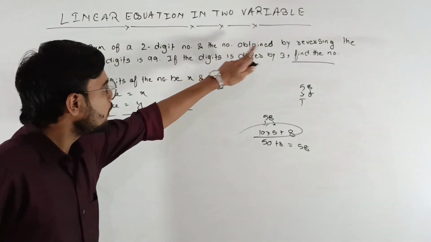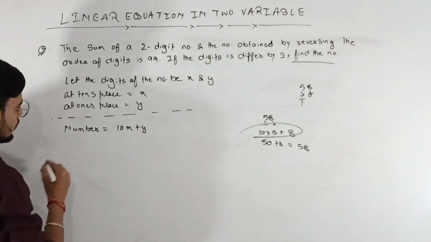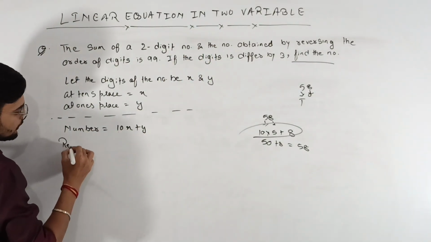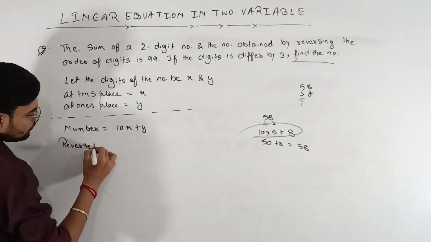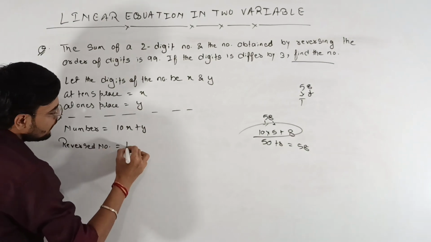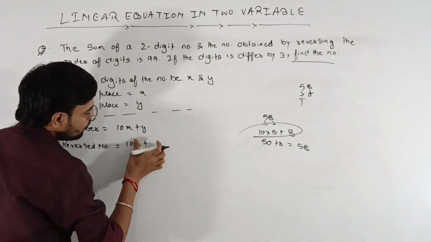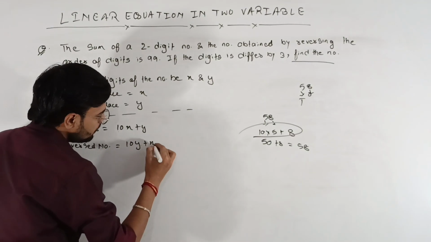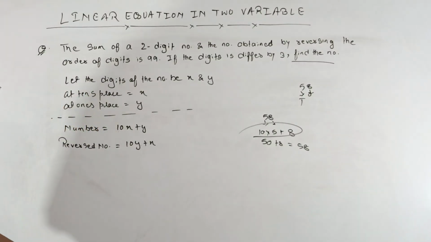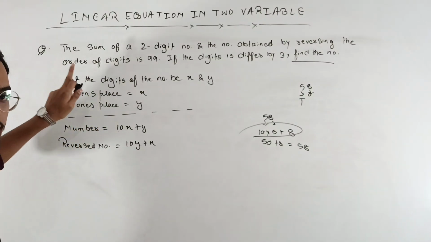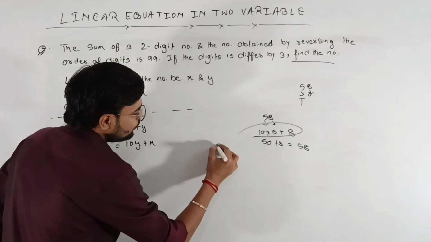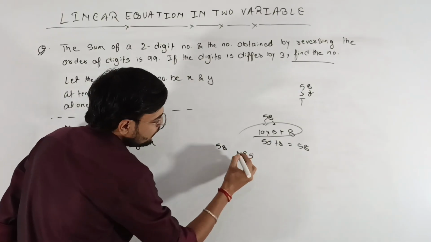Now the number obtained by reversing the digits. The reverse number is 10y plus x. Why? When a digit is reversed, 58 becomes 85.